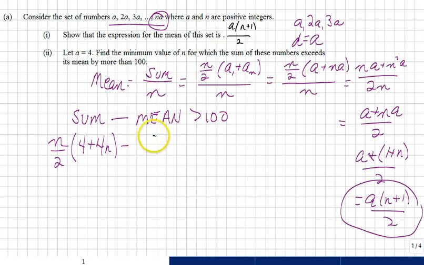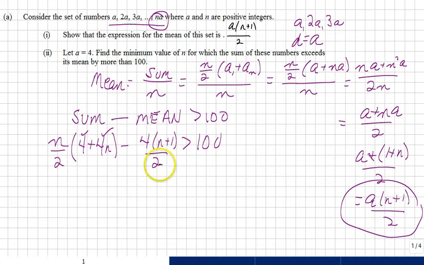And we're going to replace our a with 4, so it's 4 times n plus 1 over 2, and that has to be bigger than 100. So the sum of all the terms, we just use the sum formula, plugged in the first term being 4, the last term being 4n. We're subtracting the mean, which we found in the first part, and all we did was replace a with 4.